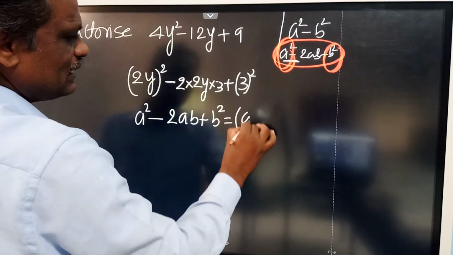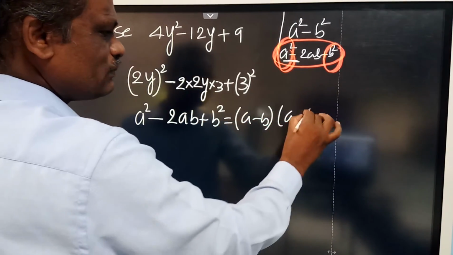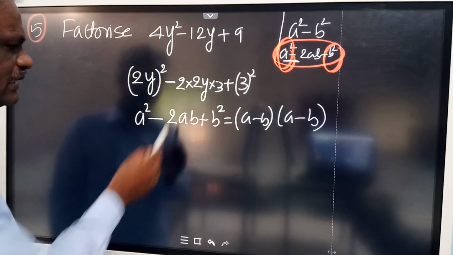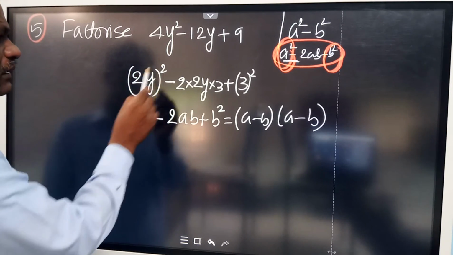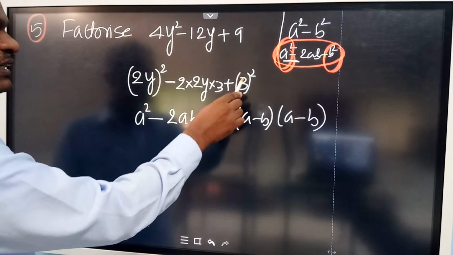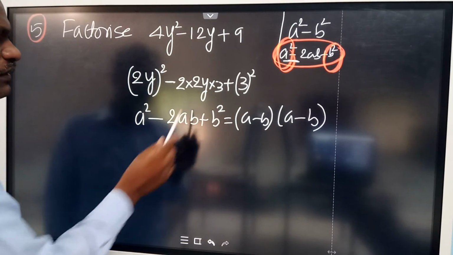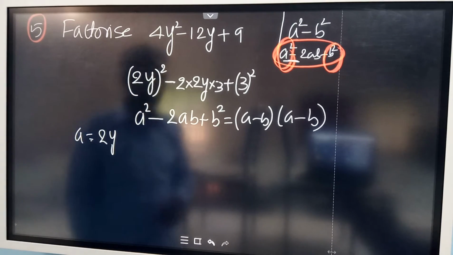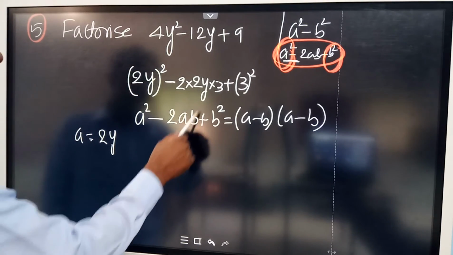And the formula is (a minus b) into (a minus b), or (a minus b) whole square. Now compare these expressions: a square is (2y) whole square, b square is 3 square. So a is 2y and b is 3.